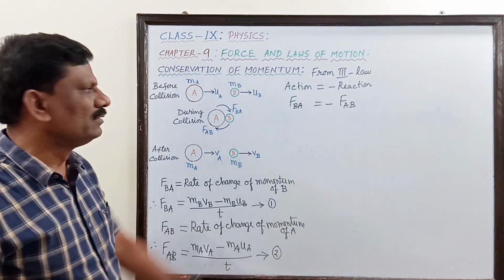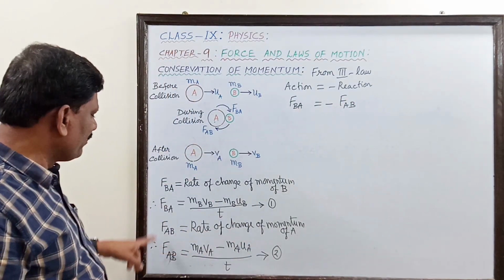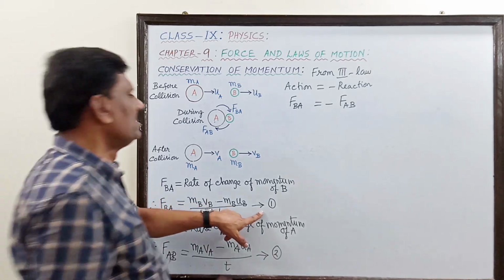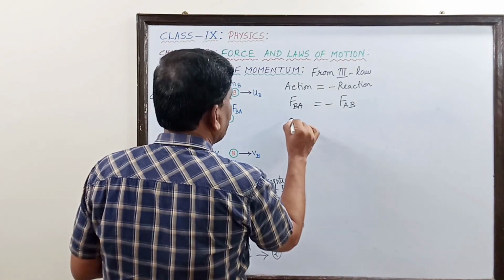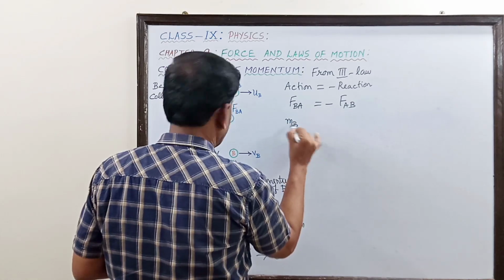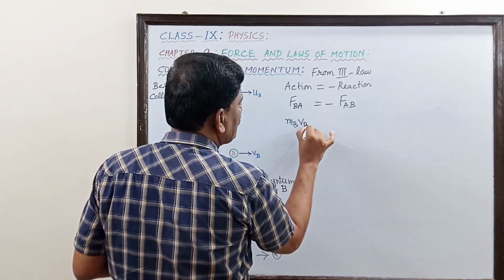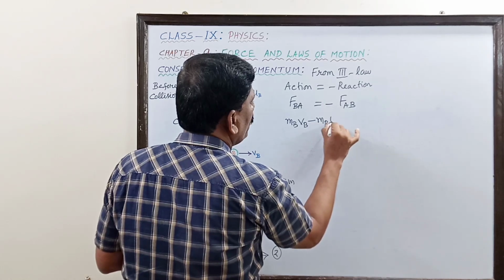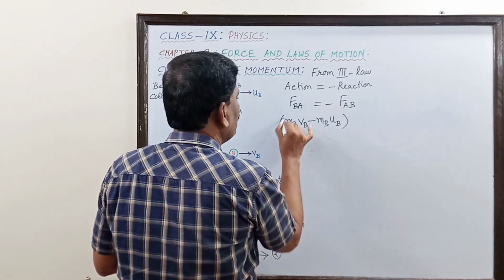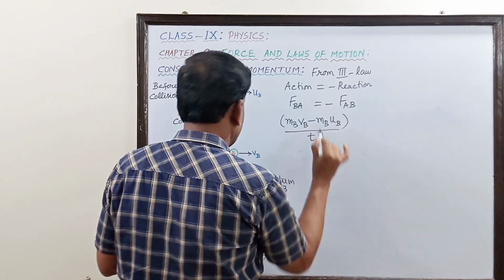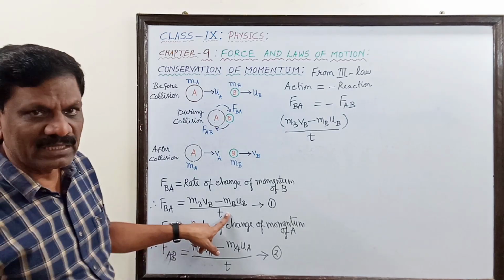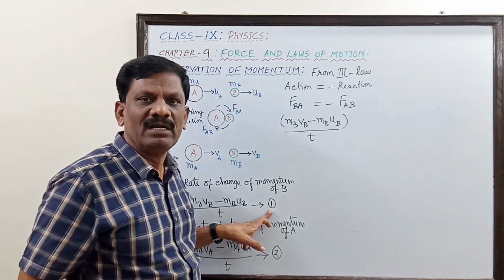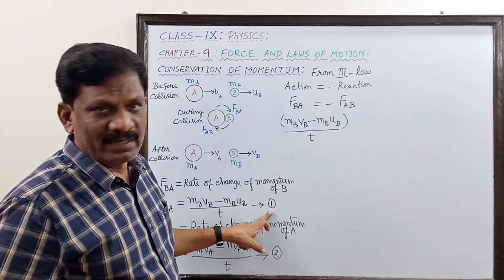Okay. Now on the left hand side, in place of FBA, I am going to substitute equation 1. So on the left hand side it is mass of B into final velocity of B minus mass of B into initial velocity of B divided by time t. Is it okay? So in place of FBA we have substituted which equation? Equation number 1.